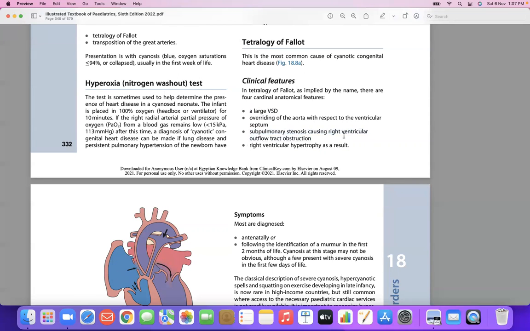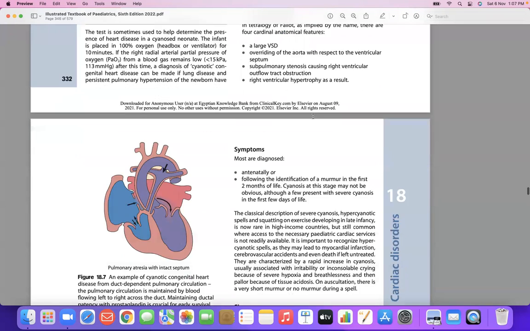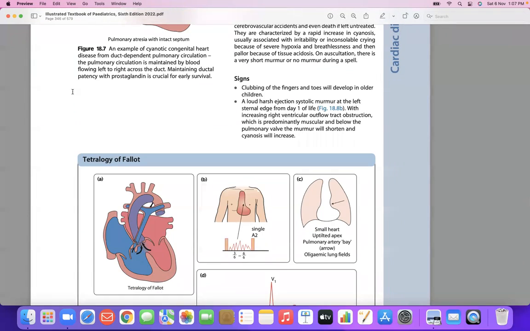We can see all of these in this picture. This is the large VSD. This is the overriding aorta. They can have subpulmonic stenosis here, and in turn it will cause right ventricular hypertrophy.